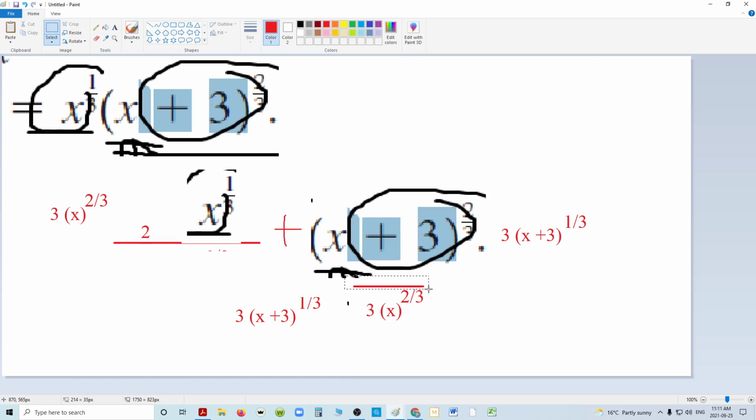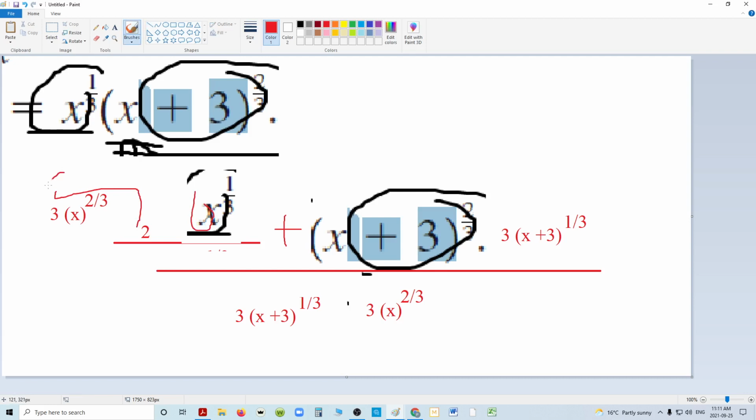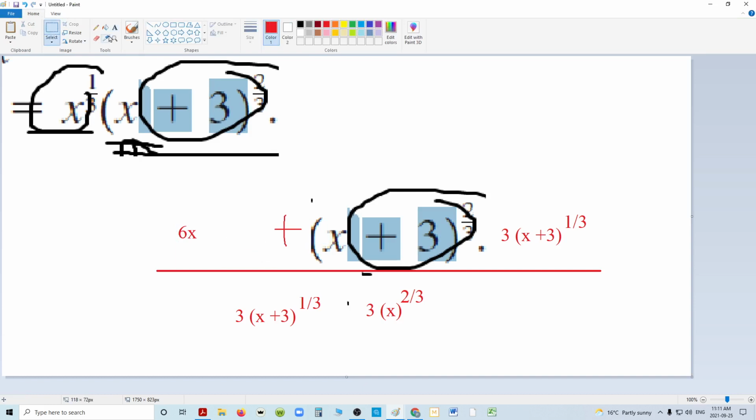You're going to discover that those denominators don't matter when we're looking for the derivative. 3 times 2, and these have the same base, 2/3 plus 1/3, you get 6x. Plus x plus 3. What happened to the other 3? Oh yeah, there we go.